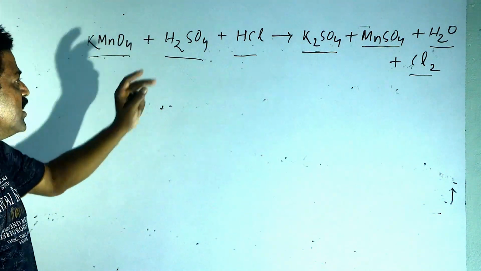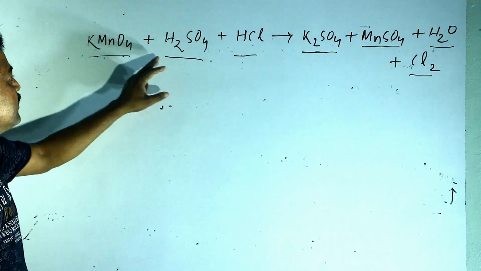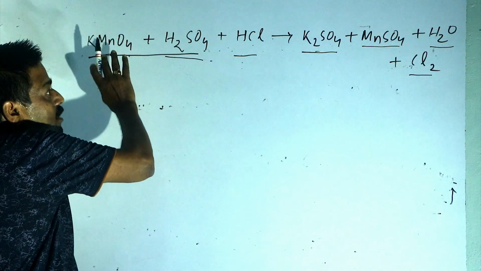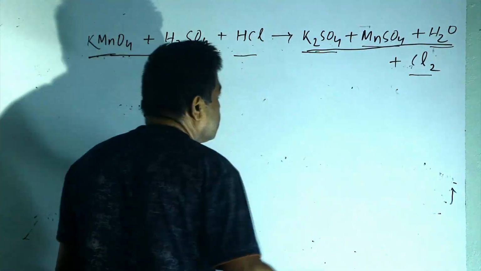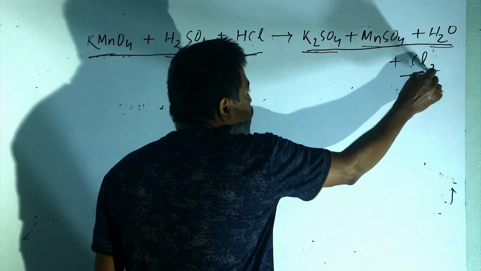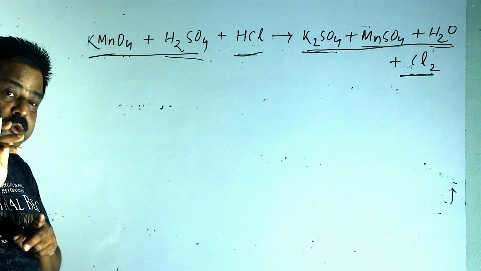Now out of these 3 reactants, you can see 2 reactants are intact here, because KMnO4 and H2SO4 when combined together give most of the products like this. And here HCl can give Cl2. Then we have to divide this equation into 2 parts.